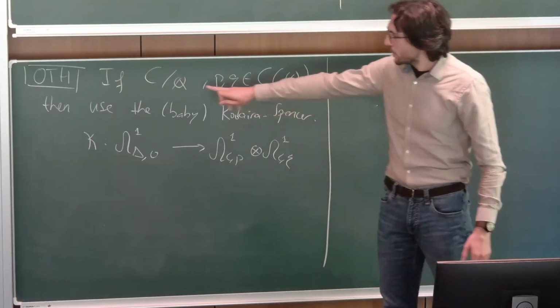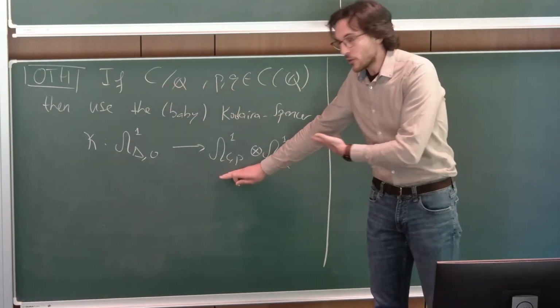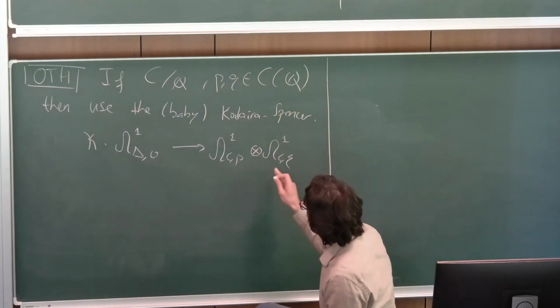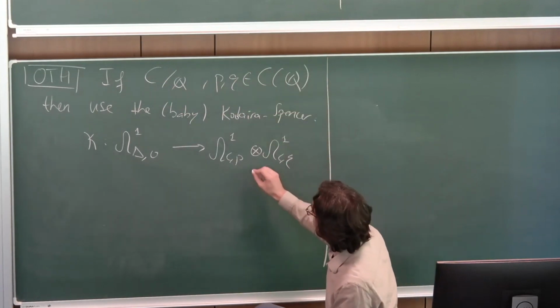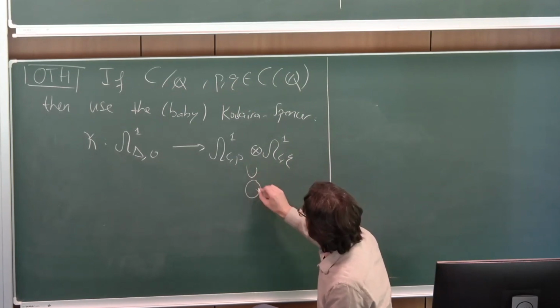But if C is defined over Q, my points are defined over Q. These cotangent spaces naturally both have a Q structure. So I can say this is a natural Q inside.